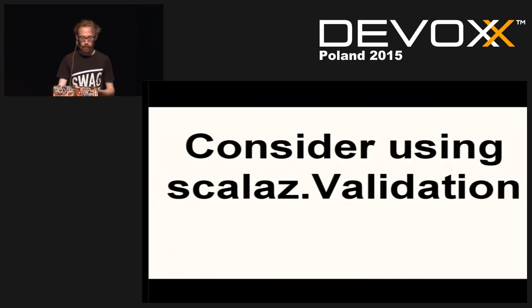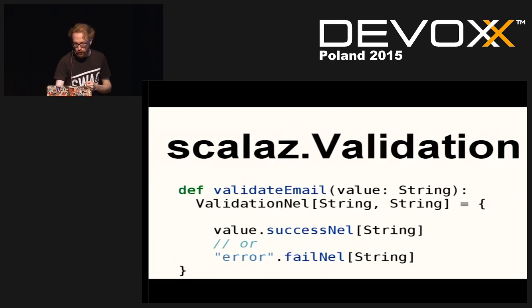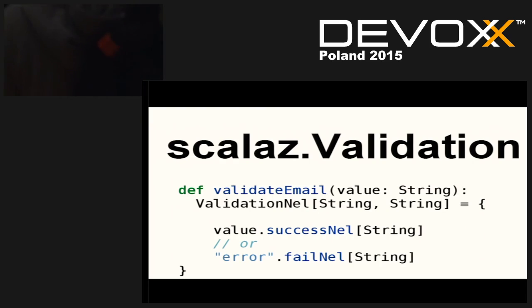And for that, there is something called Scalaz Validation. That's a nice thing because it actually has a name with letters, not symbols, which is nice. And the way it works, I'm returning something called ValidationNel with a string as an error type, which is a bad thing. Don't ever do that, sorry. And the string as the expected value.